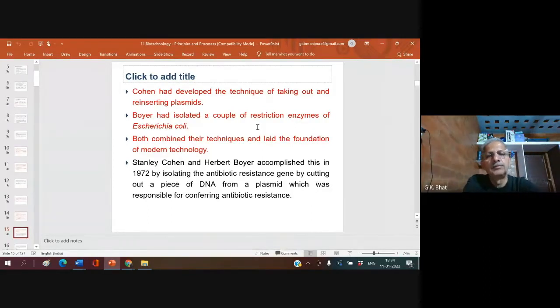Stanley Cohen and Herbert Boyer accomplished this in 1972 by isolating the antibiotic resistance gene, cutting out a piece of DNA from a plasmid which was responsible for conferring antibiotic resistance. What was it doing? It was showing resistance to antibiotic. We call it antibiotic resistance.